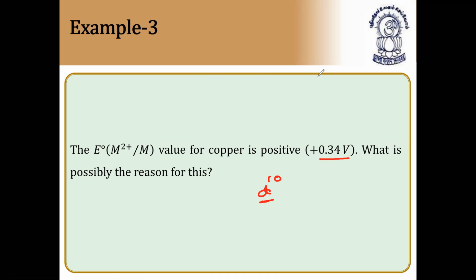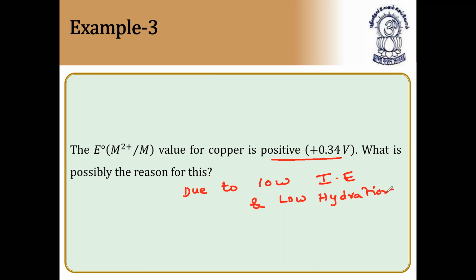So the M2+ to M value is positive due to low ionization enthalpy and low hydration enthalpy. That's why it is positive. So it is high hydration enthalpy.